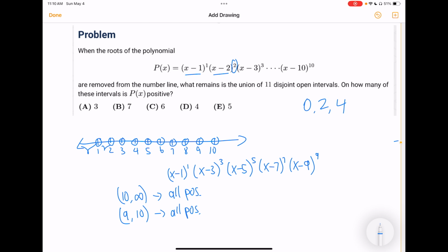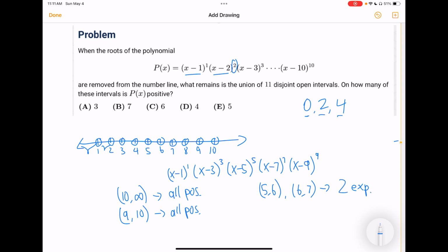Well, on the interval of 5 through 6 and 6 through 7, keep in mind that we want 0, 2 or 4 negative expressions. On the interval of 5 to 6 and 6 to 7, there are 2 negative expressions.